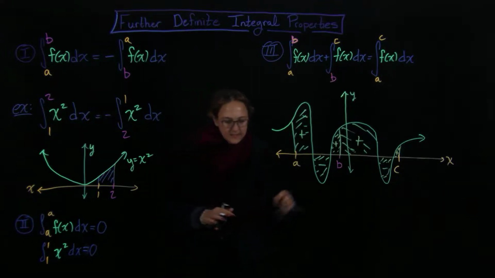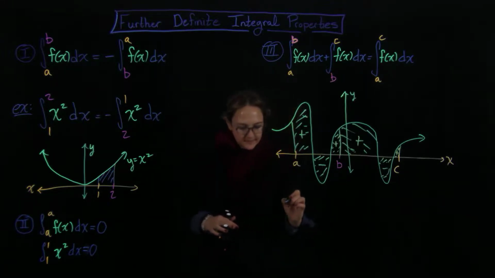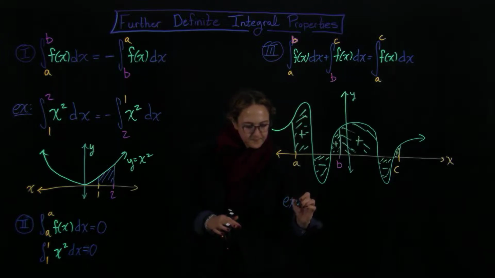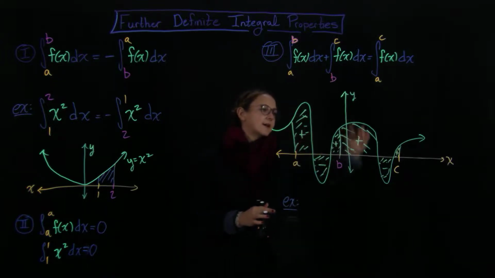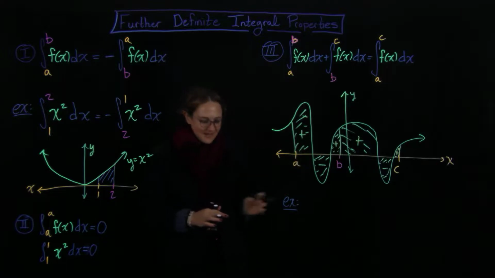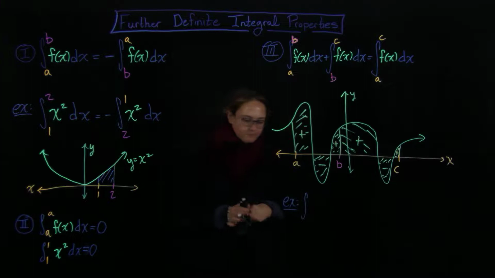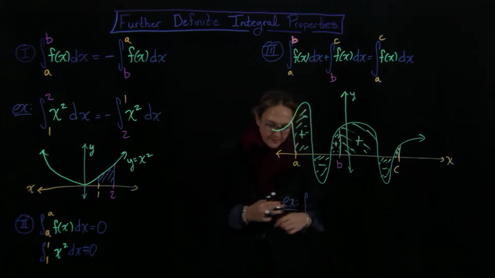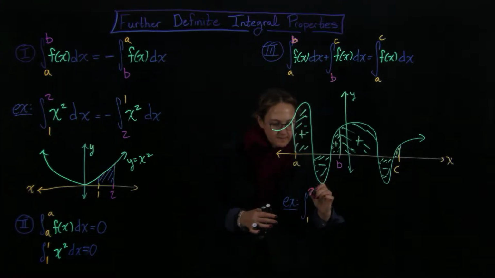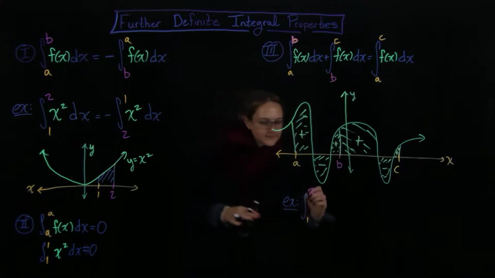And let's look at an explicit example. This one is more of a schematic because I wanted it to have a lot of pieces so you can see what's going on. So we have the integral from 1 to 2 of x squared dx.